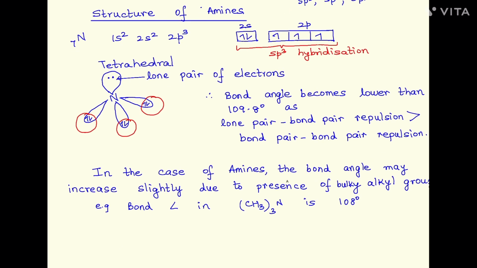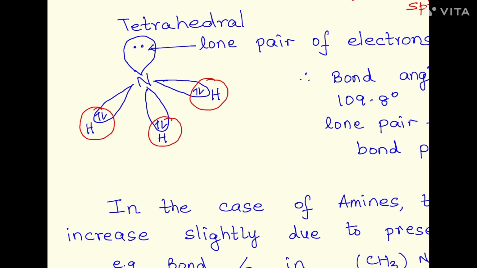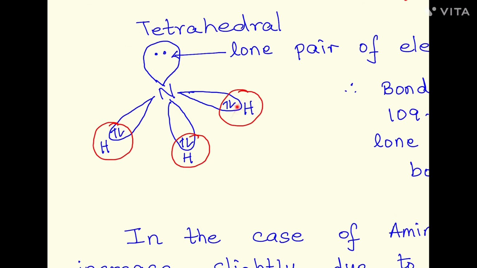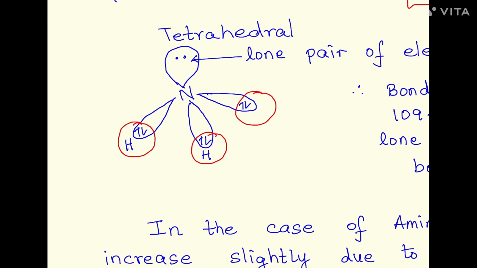So the same thing applies in the case of amines as well. So there is lone pair bond pair repulsion. The bond angle should be approximately 107 degrees. But what you have to remember is, when we are talking about ammonia, all the atoms attached to the nitrogen are actually small hydrogen atoms. Whereas in the case of amines, this hydrogen is now replaced by a bulkier group.